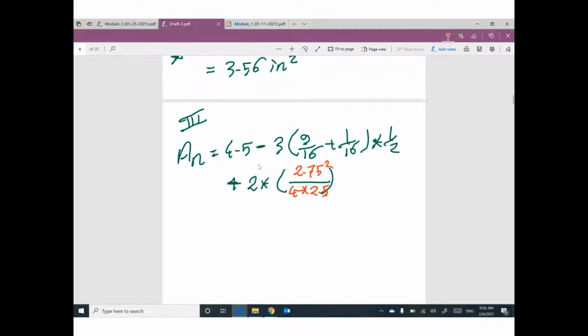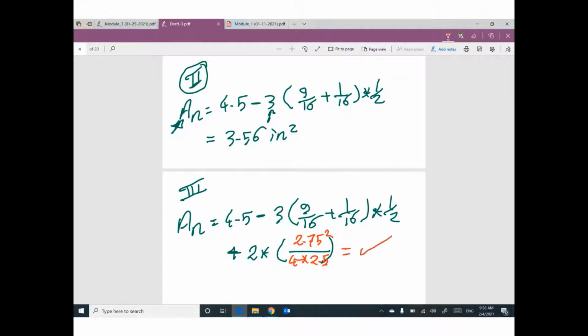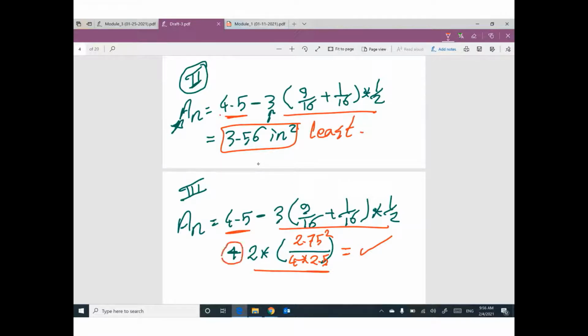One of you will say, hey, probably I don't need to get this value because I believe 100% this one will be the least one. Do you know why? Because this term and this term are the same, and this term will be extra, will be added.